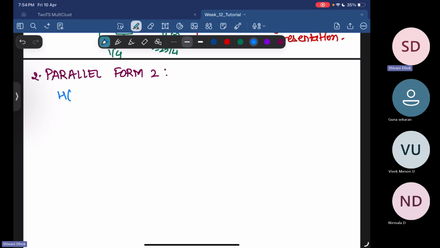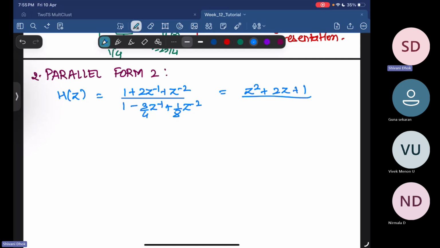For that, we can have H of z equal to 1 plus 2z inverse plus z to the power minus 2, divided by 1 minus 3 by 4 z inverse plus 1 by 8 z to the power minus 2, which you can equivalently write as z square plus 2z plus 1. I'm just multiplying and dividing by z square. So I'll get z square minus 3 by 4z plus 1 by 8.